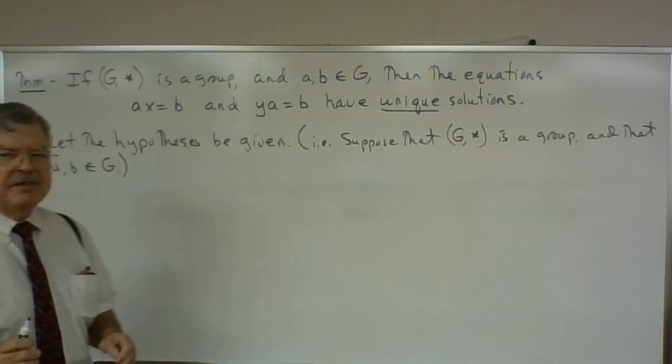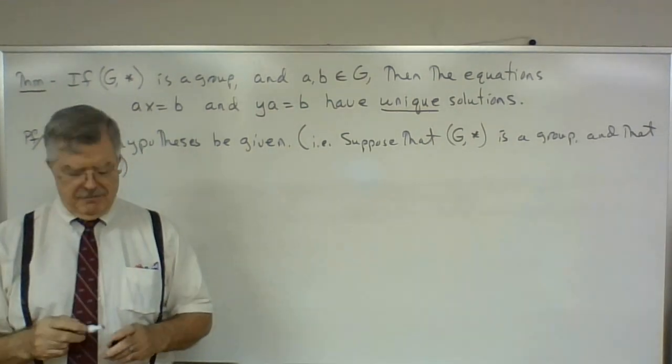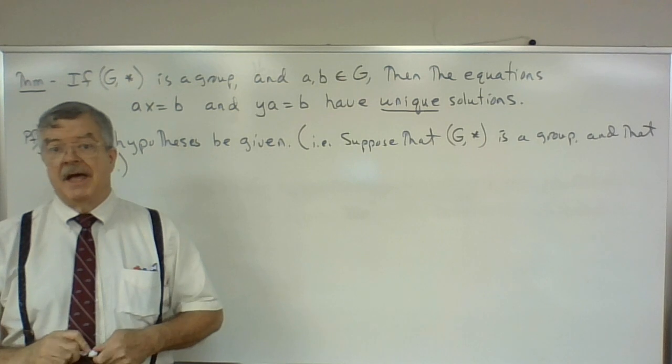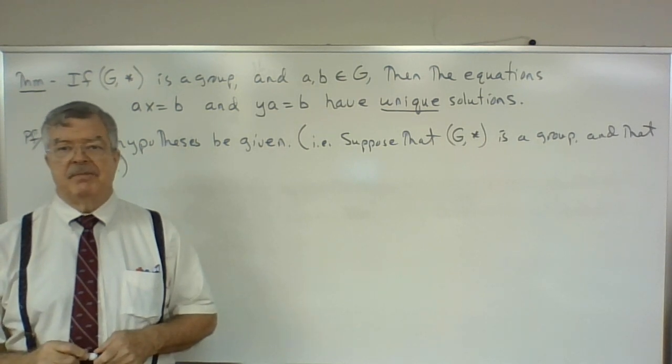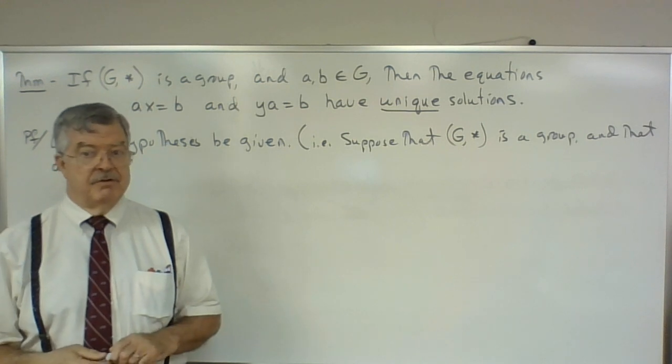And recall something that we just proved in lecture 3. If G is a group, then every element of G appears exactly once in every row of the group table.